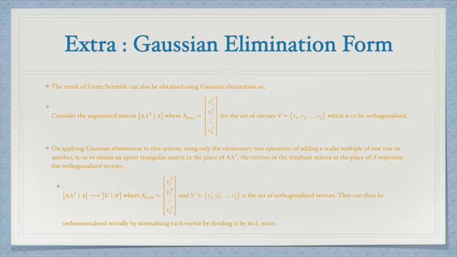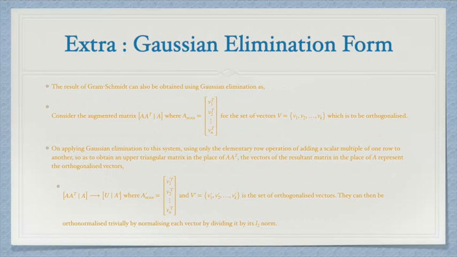However, basically, we consider the augmented matrix A A transpose, where we consider A to be the set of all row vectors of a matrix that we need to orthogonalize, or given a set of vectors V, we can convert it into a system A whose row vectors are V1, V2, V3, and so on.